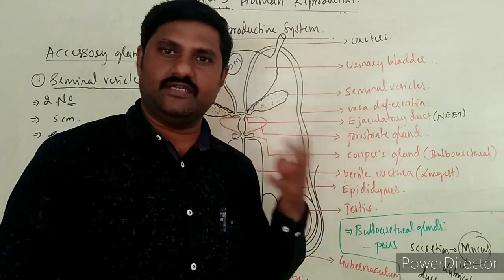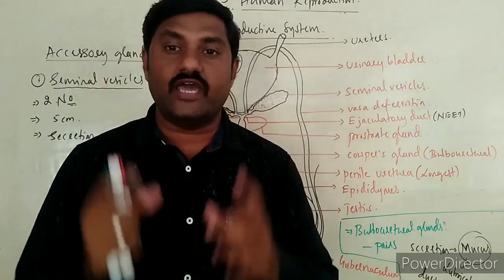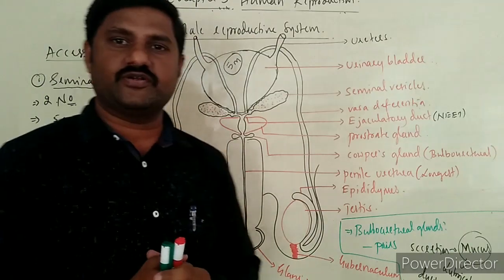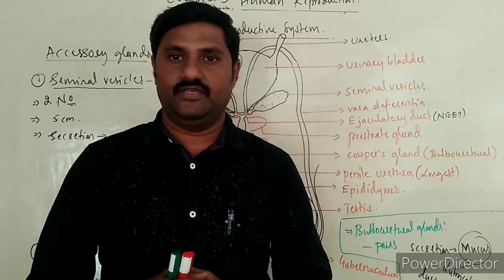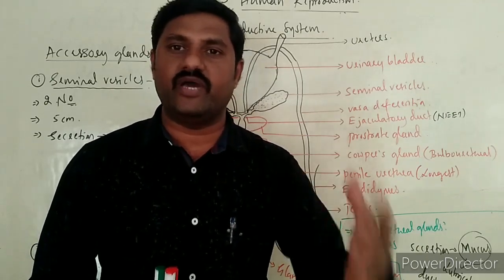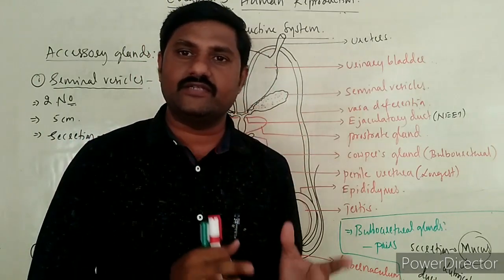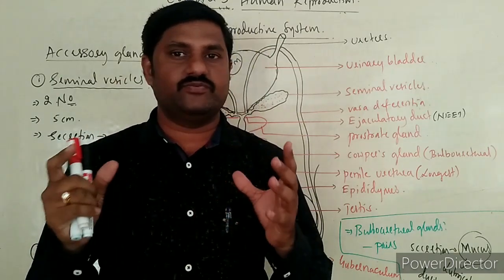Students, practice this diagram very well, focus on every MCQ that occurs from this male reproductive system, and always remember the connections, that is, how the accessory ducts are connected one by one. All those things, as well as the accessory glands along with their secretions, you must remember, and that is more useful.